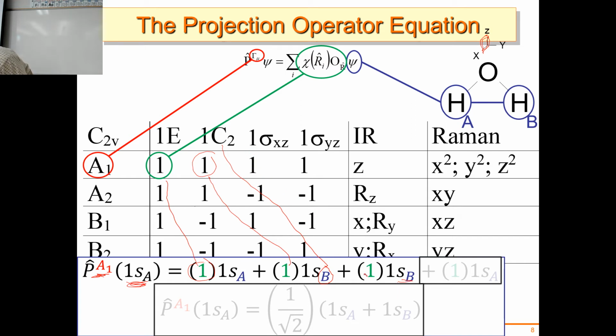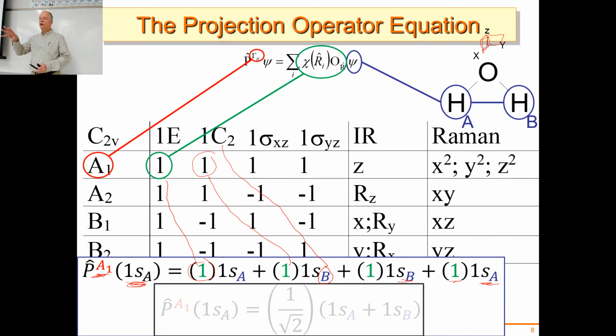And then we do the last column, YZ. So the YZ plane is the plane of the paper. And so 1sA stays put if we do a reflection in the plane of the board. Okay. And so then we have 1sA here, which is the result of the operation. And then we have the character in front of it, a +1.